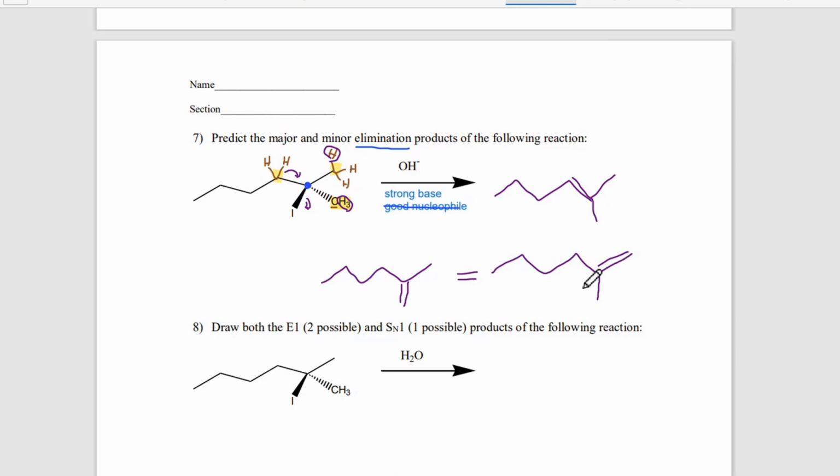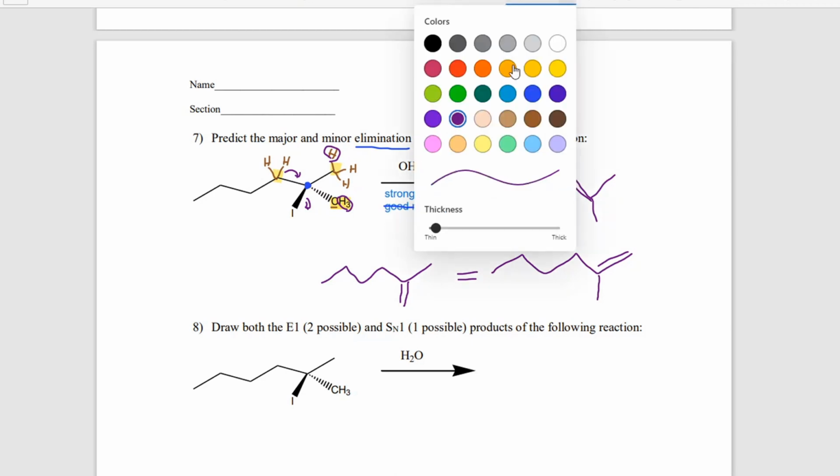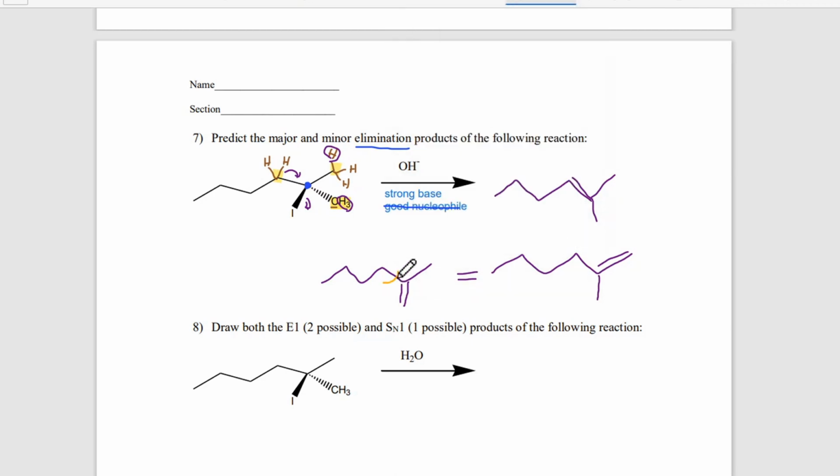In either case, they would have the same name. You can rotate around this bond right here because you can rotate around single bonds. And if you did, that would just swap these two positions right here, and you would get the same thing. Does that make sense?